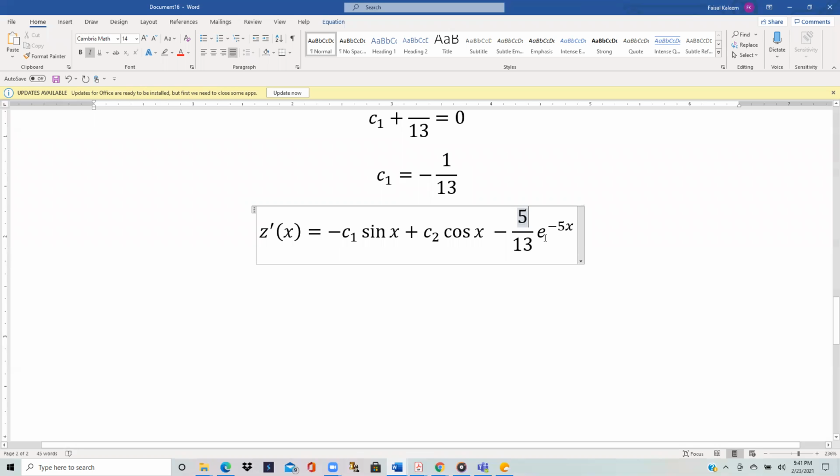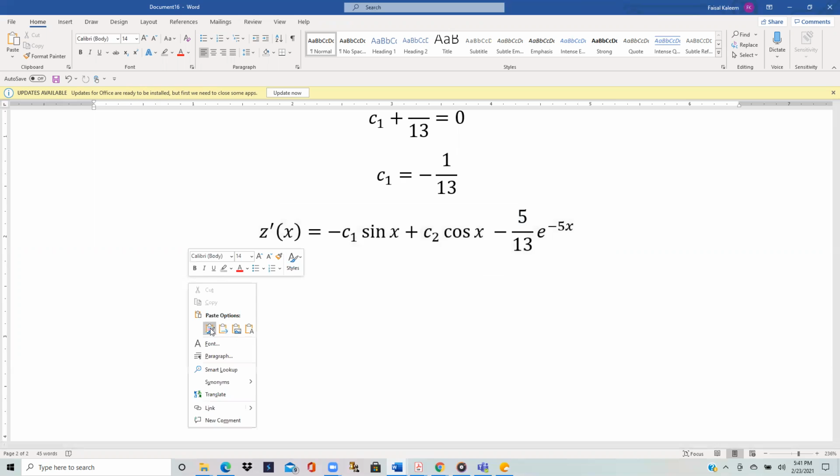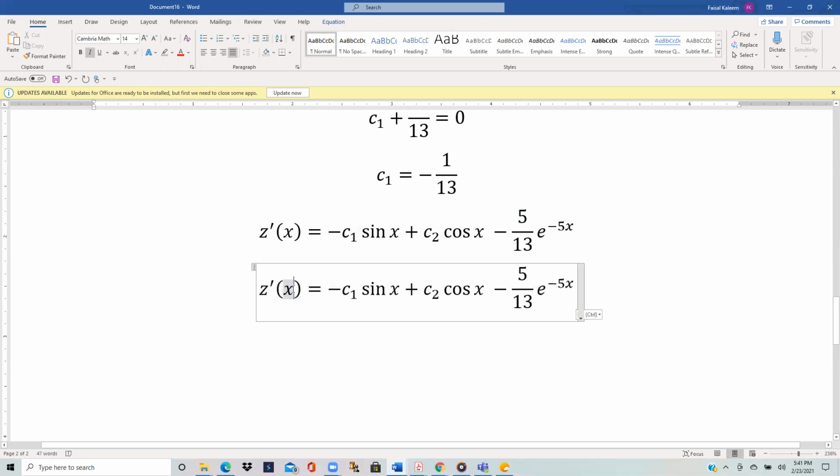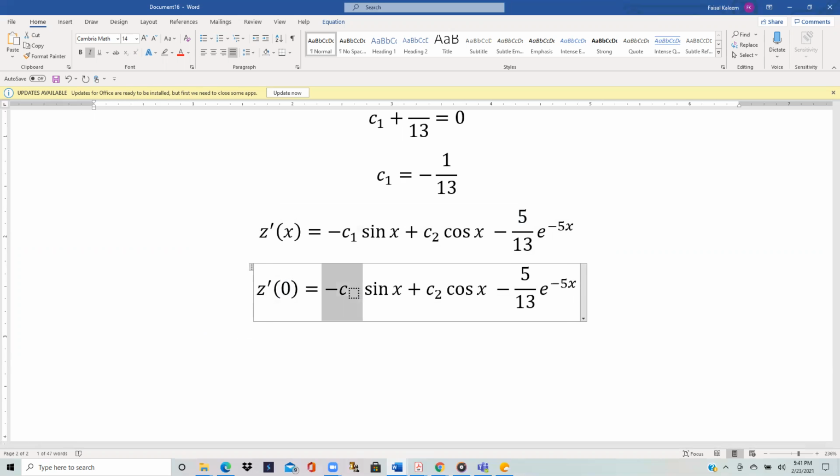Now z prime 0 is equal to 0. That was the second condition. C1 we know, we can substitute the value negative 1 over 13.